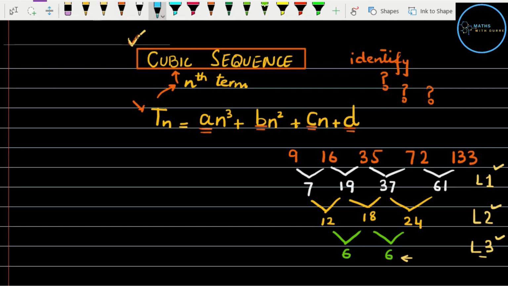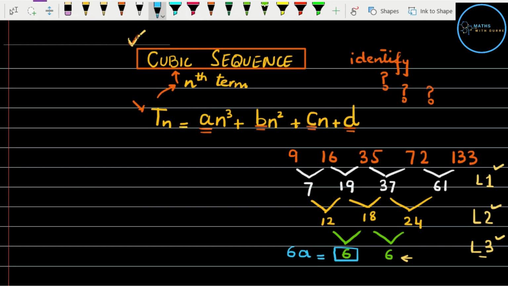So to calculate a cubic sequence, we need to remember three important points. First, you always make the difference of the last layer equal to 6a.